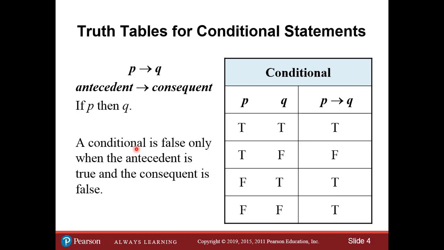So if we construct a truth table for conditional statements, remember it's an if-then. So in this case, we have the antecedent followed by the consequent. So if P, then Q, or P implies Q. And so in this case, we've got to figure out when can somebody call you a liar?